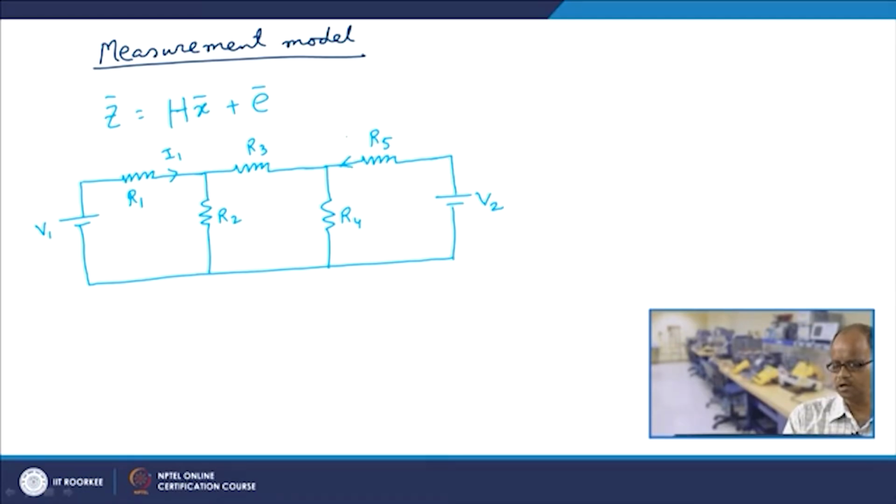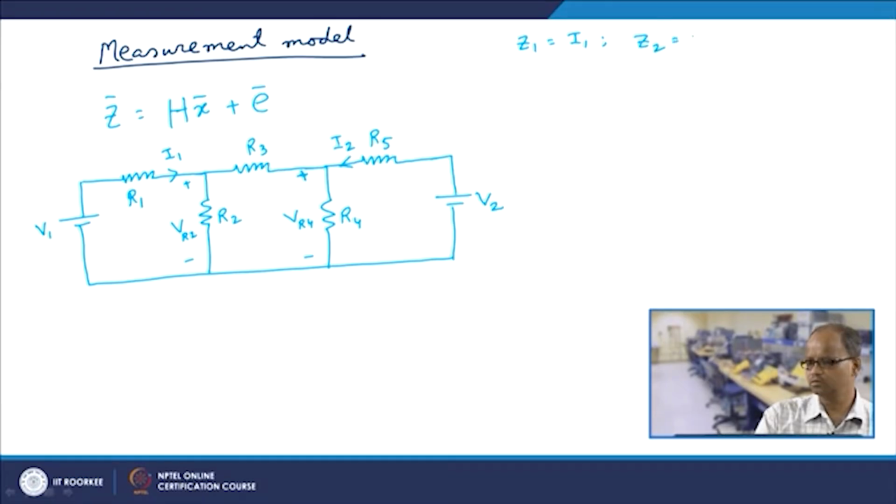We are measuring I2, so this is my Z2, and we are measuring here the voltage across R2, and we are also measuring here VR4, the voltage across R4. So, in our measurement model Z1 is equal to I1, Z2 is equal to I2. Please note that here we are talking about a DC circuit.